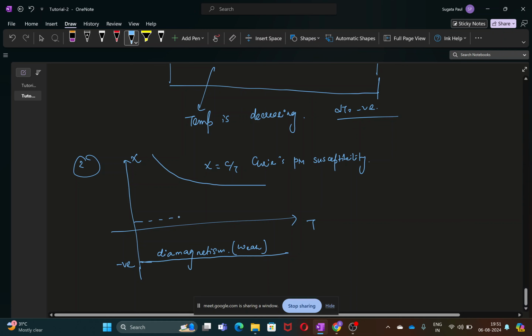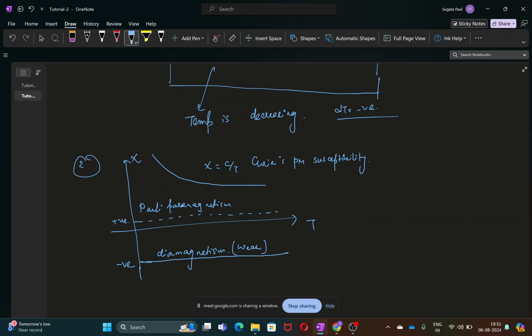Okay, and similarly Pauli paramagnetic susceptibility can be somewhere here, but it is also a constant line, it has no temperature dependence, you can see. So this is Pauli paramagnetism or Pauli paramagnetic susceptibility. Because this is positive, it has to be paramagnetic because it has a positive chi, and it is temperature independent, we can see from the graph.